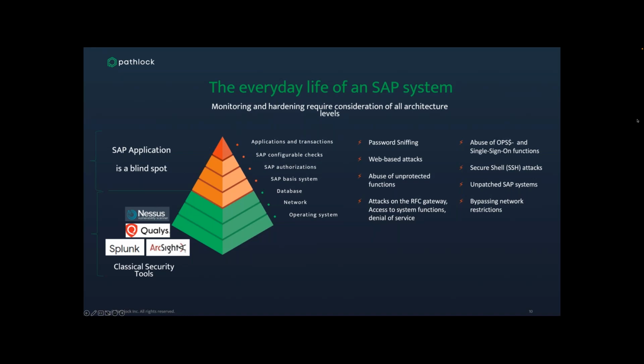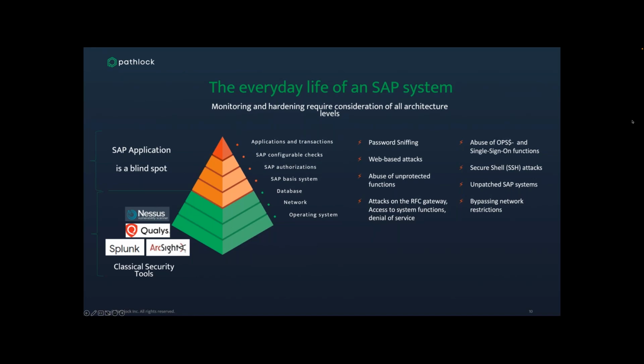So you need to have in mind that an SAP system does not only consist of an operating system, network, and database, but also of an SAP basis system, that there are SAP specific authorizations, as well as configurable checks, as well as applications and transactions. So you really, as a pen tester, and also as a security officer, need to know how to achieve security in every layer.